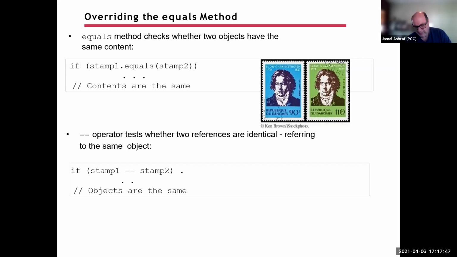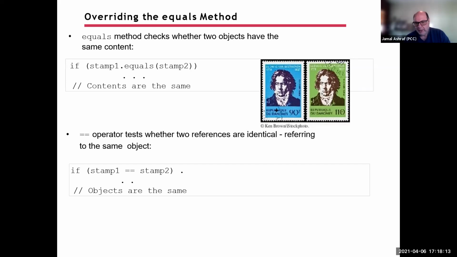I, as a developer, with my requirement document, and if I'm not clear, I'm going to go back to my customer and ask them, what does equal mean to you? Does it mean they have the same color? The same picture? The same size? The same values? Or it can be multiple of them.